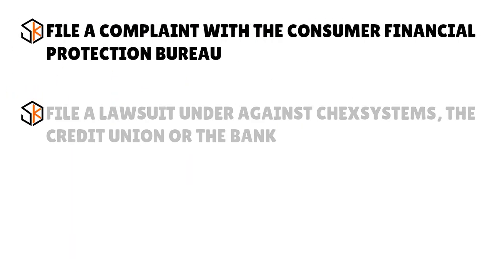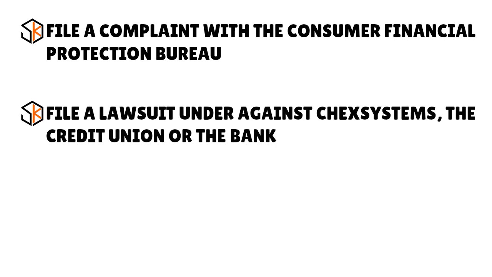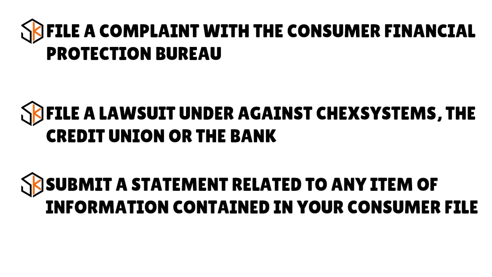You can also file a lawsuit under the law against ChexSystems, the credit union, or the bank. This is a little too far, but hey, listen, if they don't respond to your letters and correspondence, you want to take things a little more forcefully, and you also want to submit a statement related to any item of information contained in your consumer file.